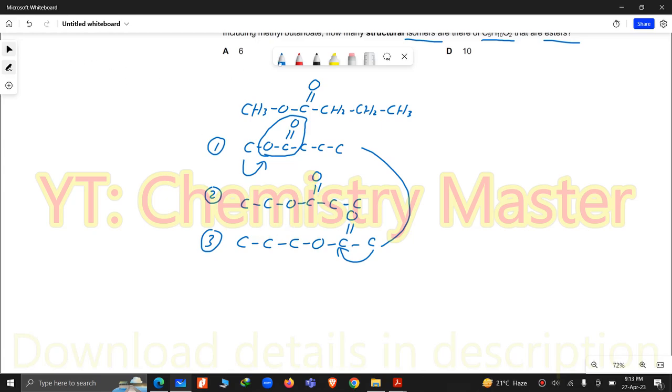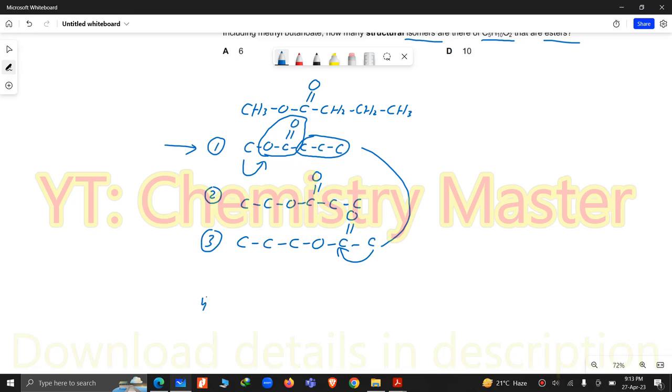Now I can make some modifications in the first isomer, but not in terms of the position of the ester. Instead, I will make some changes in the chain of these carbon atoms. How can I make the modification? I can simply convert this straight chain into a branched chain.